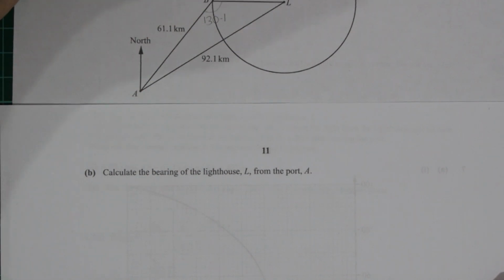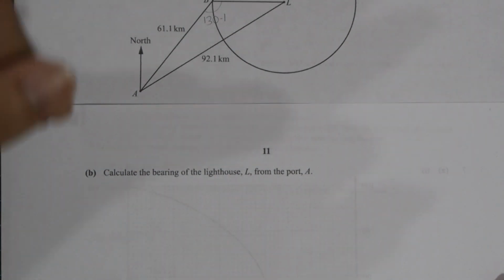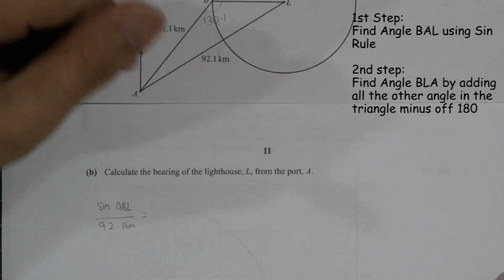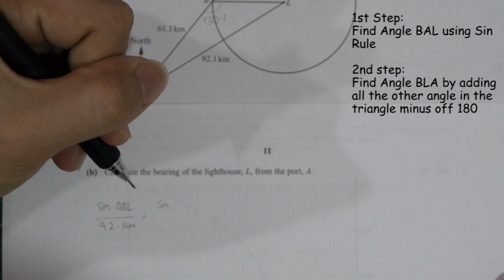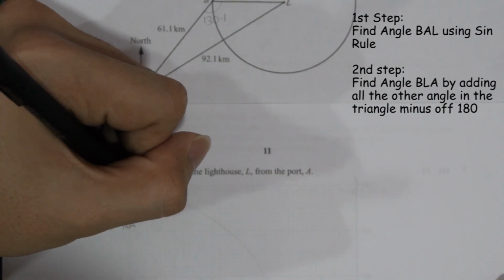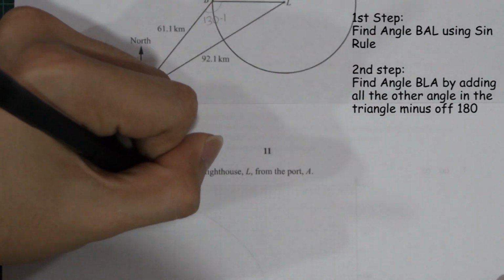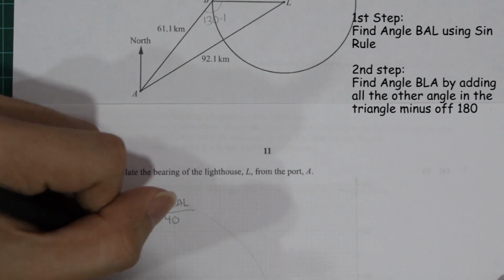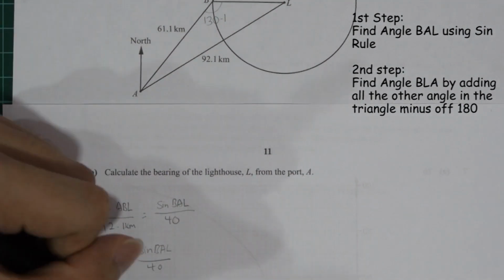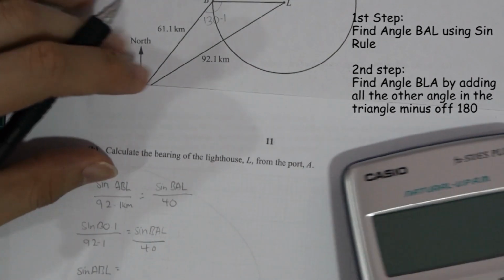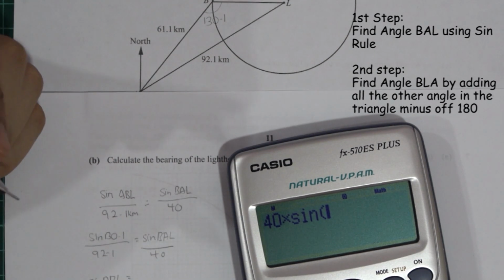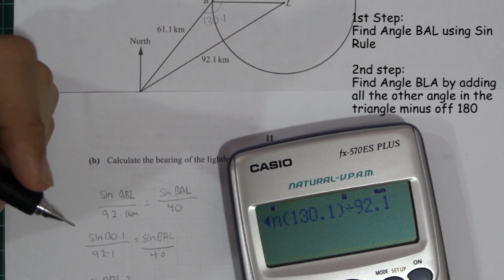So with this data, you can now use sine rule to find angle BAL. I'm going to explain how you actually find it. So just take sine ABL over the distance of the opposite, which is AL, 92.1 kilometer, and then for angle sine BAL, it will be 40 kilometers. So cross multiply. By doing so, you have already obtained angle ABL.